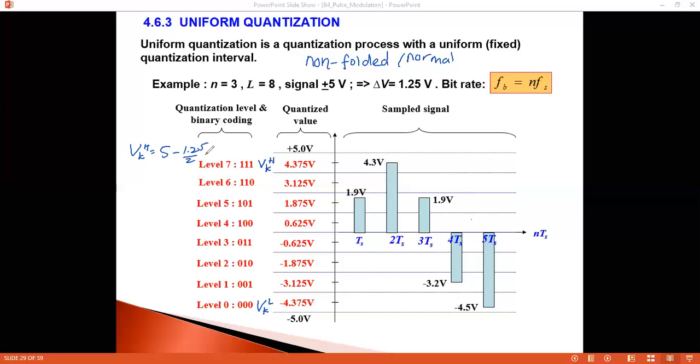If you solve this, 1.25 divided by 2 is 0.625.